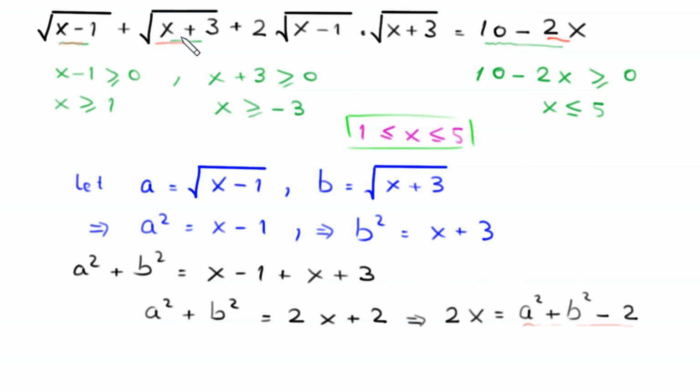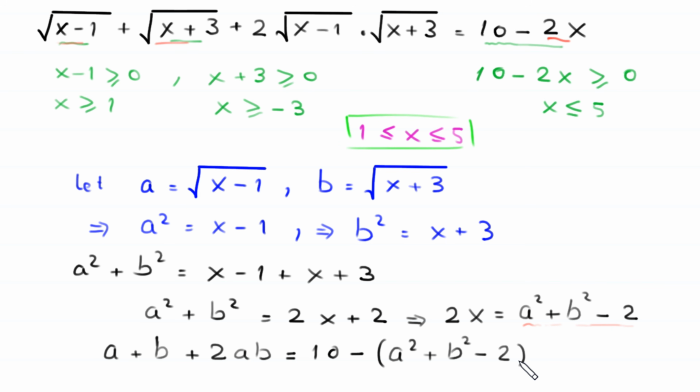So the original equation will become a plus b plus 2ab equals 10 minus, a squared plus b squared minus 2.